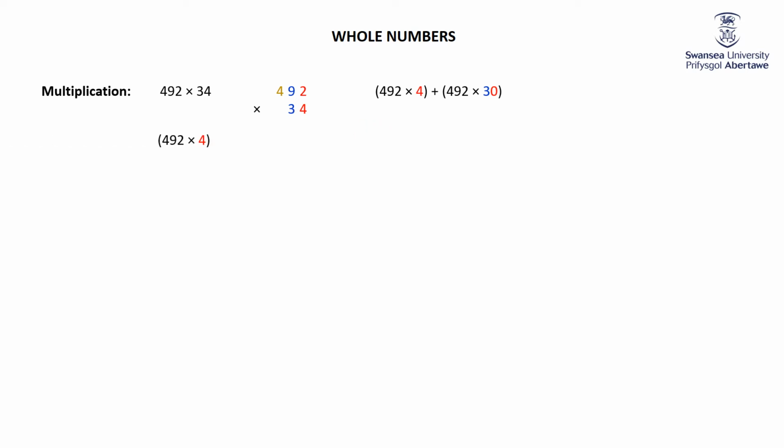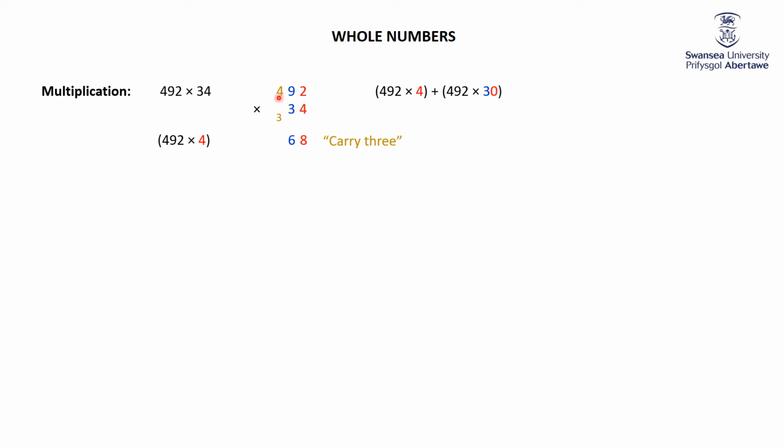Let's do the first one, 492 times 4. Well, 4 times 2 is 8. 4 times 9 is 36. Okay, now of course the 9 is in the tens here, so it's not actually 36, it's 36 tens, which is 360. So what we'll do there is we'll put the 6 in the tens part, but then we've got the 300, so we'll carry that 3 over there.